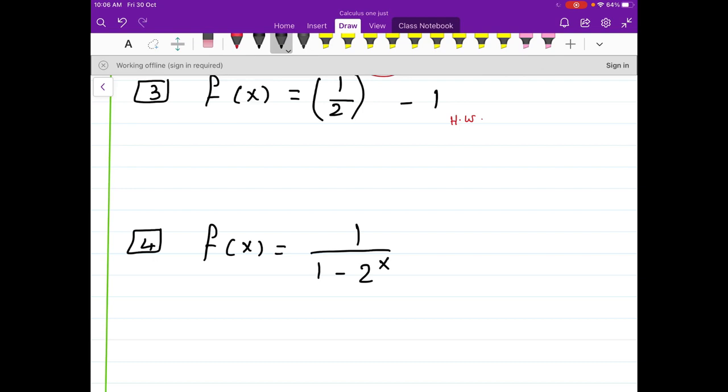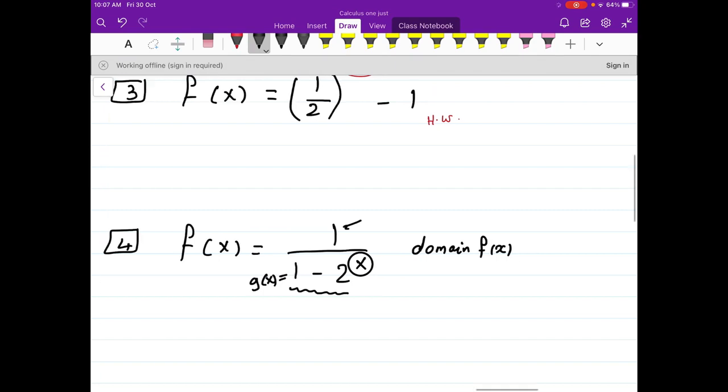If we take the function f(x) equal 1 over 1 minus 2 to the power x, the domain of f(x): you have a rational function, so the domain is R intersection the domain of the function g(x) = 1 minus 2 to the power x, which is R since the exponent is x, except the zero of g(x).